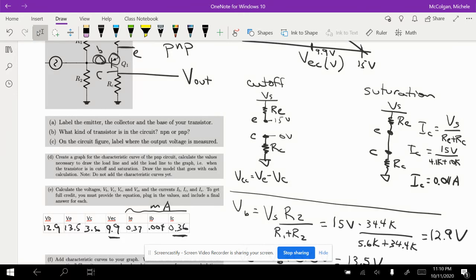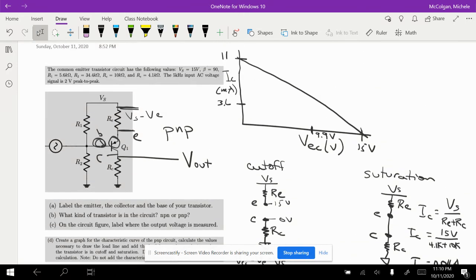So we're pretty low on our load line, at 0.36 milliamps. So let's see if I erase this. Of course, it deletes all of it.